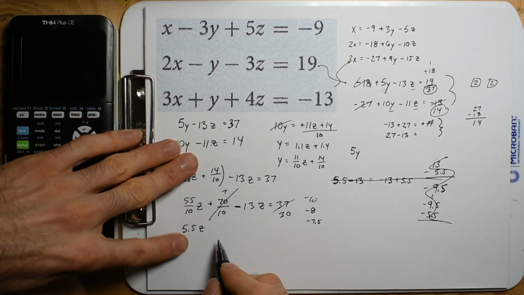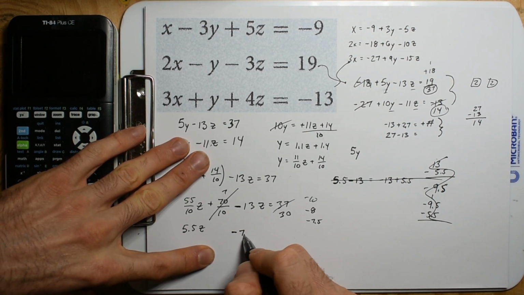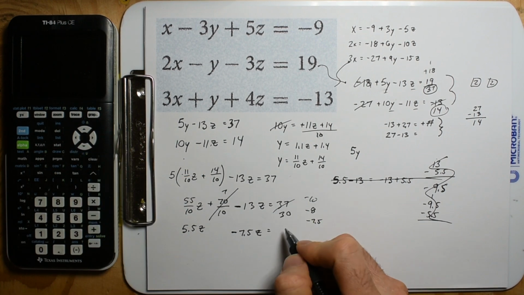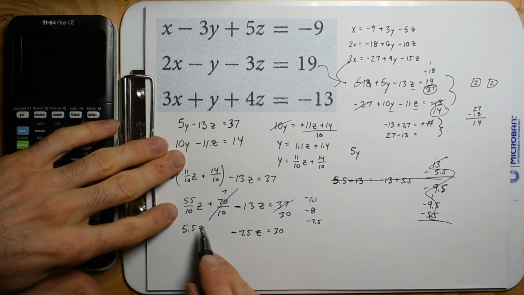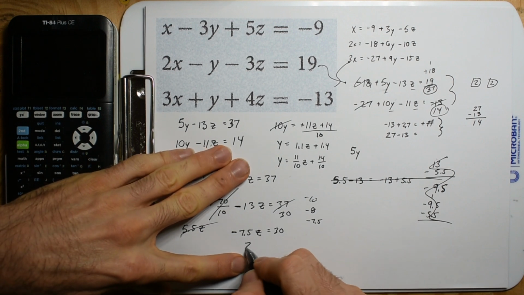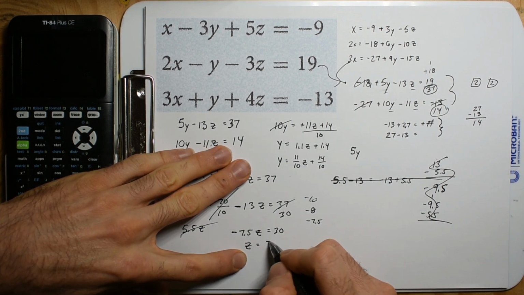So anyway, we have negative 7.5z is equal to 30. Okay, sweet. So z is equal to, bring the negative over, negative 30 divided by 7.5.